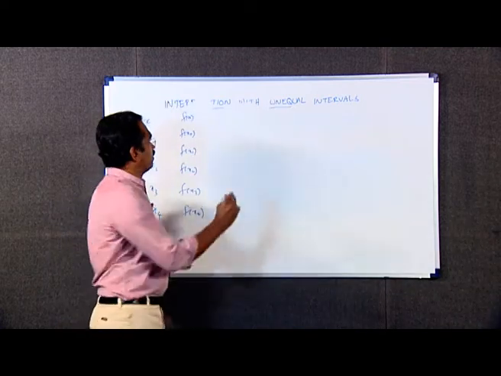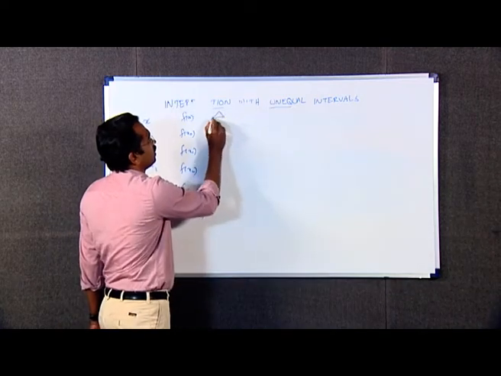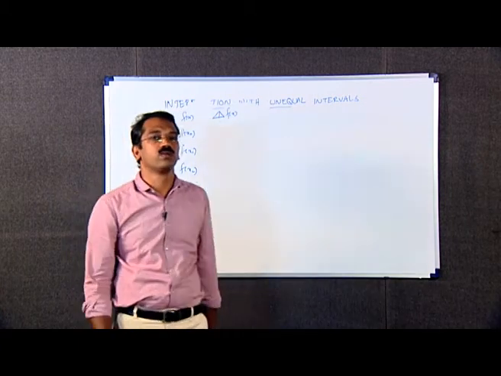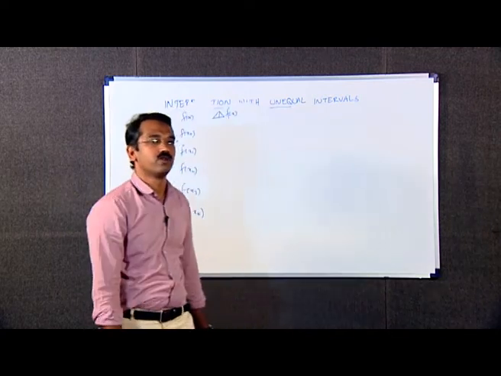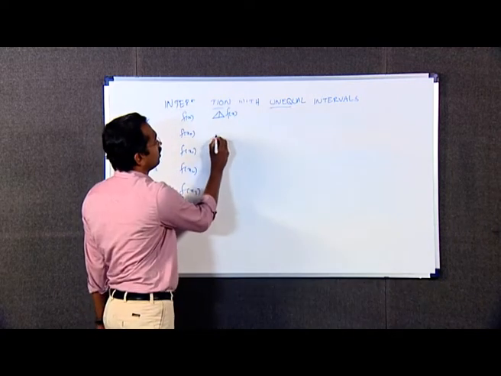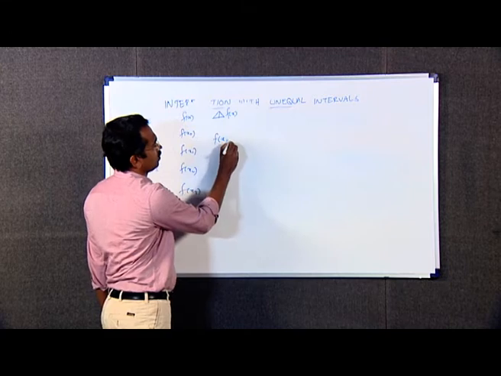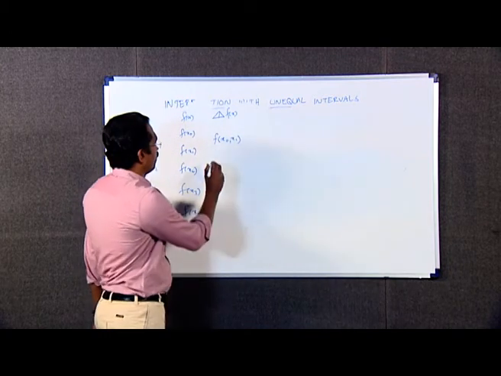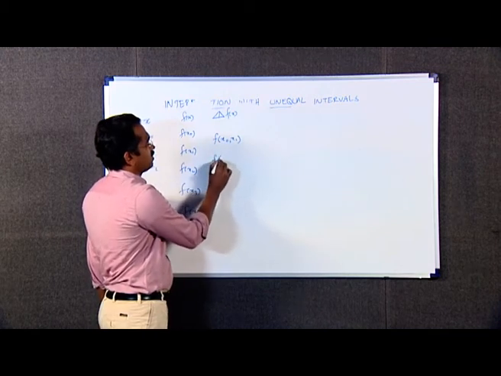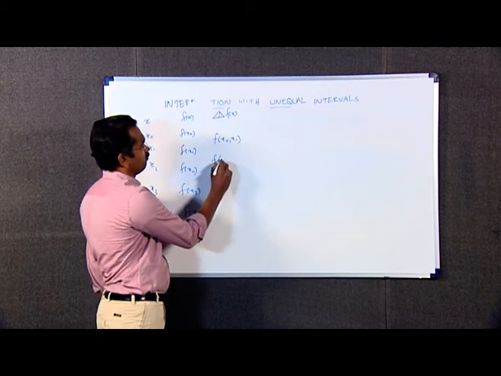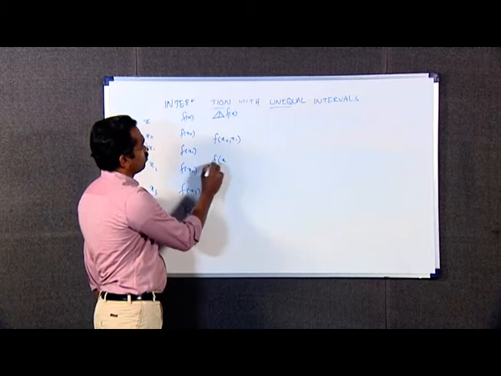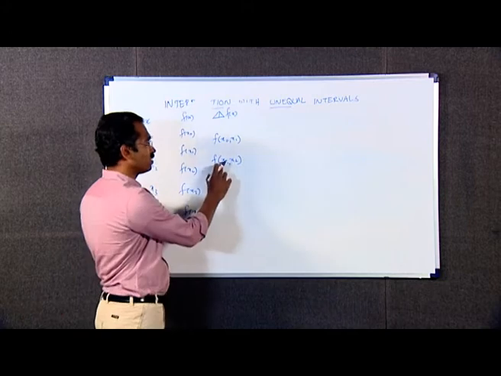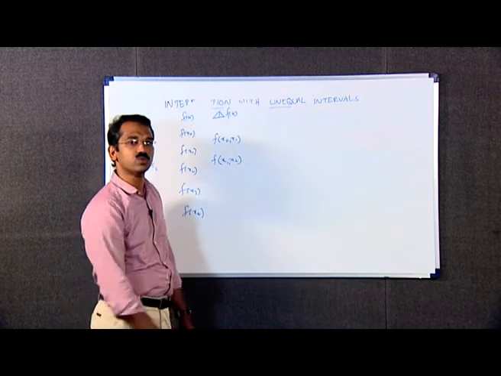Then the first divided difference, divided delta f of x, is f of x0 comma x1. Next is f of x1 comma x2, that is the first order divided difference involving the arguments x1 and x2.